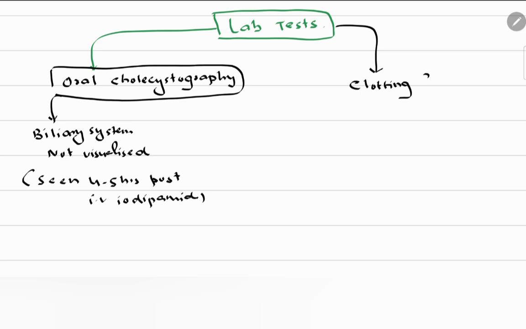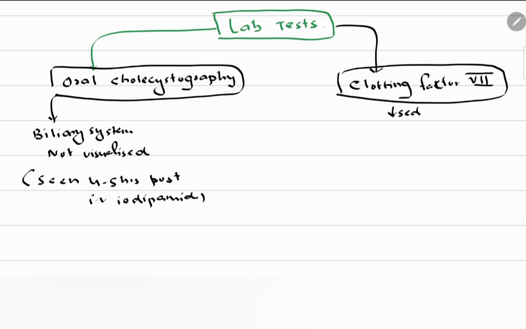And in Dubin-Johnson syndrome, there will be decreased clotting factor 7. LFT will be normal except there will be conjugated hyperbilirubinemia.